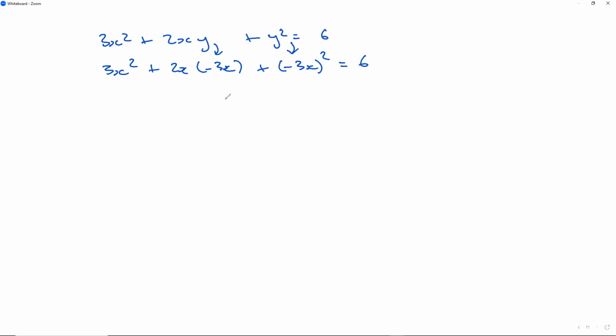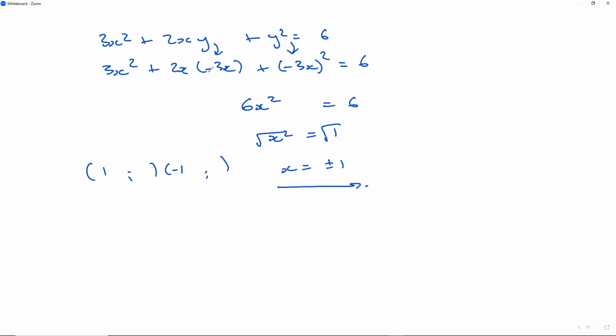And so this comes down to 6x squared equals 6, so x squared equals 1. Square root both sides, x equals plus or minus 1. And now that I have my x components, 1 and minus 1, I can substitute that to get my y components in the original function as well.